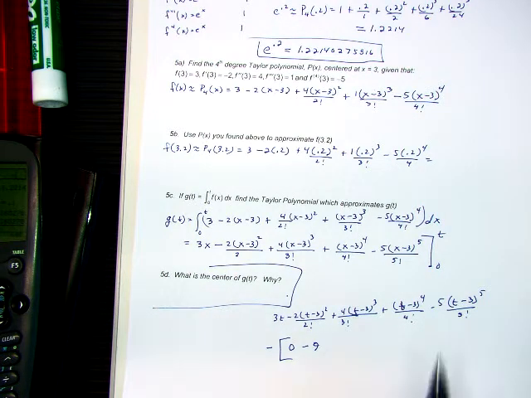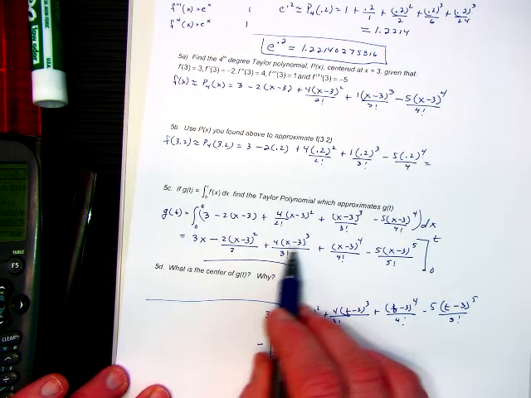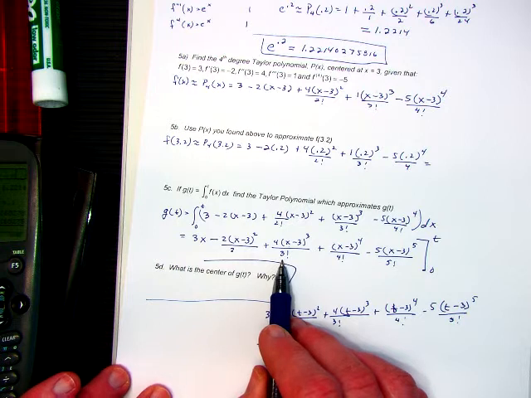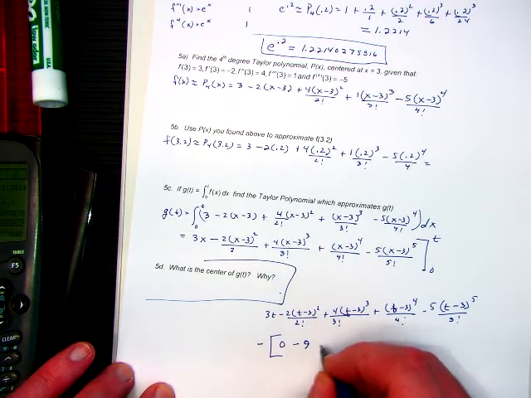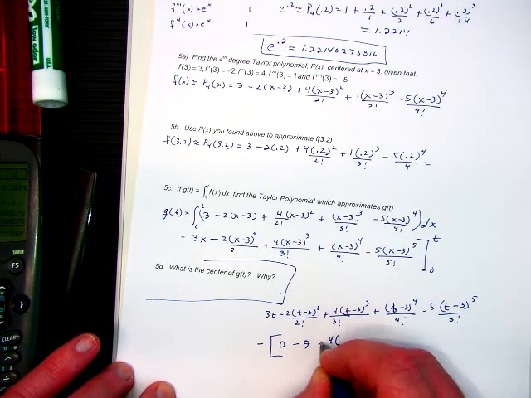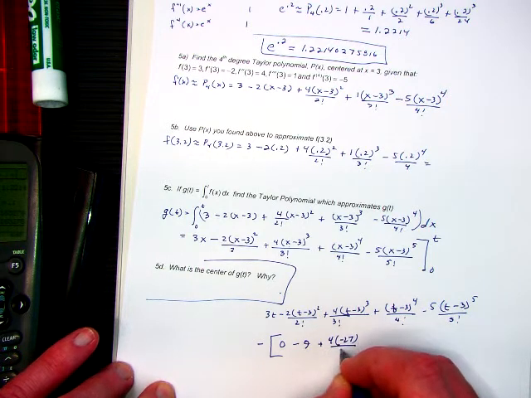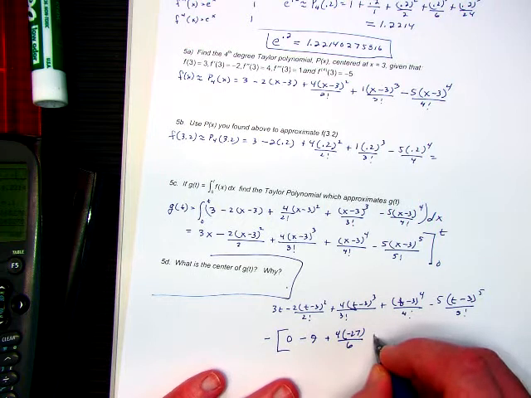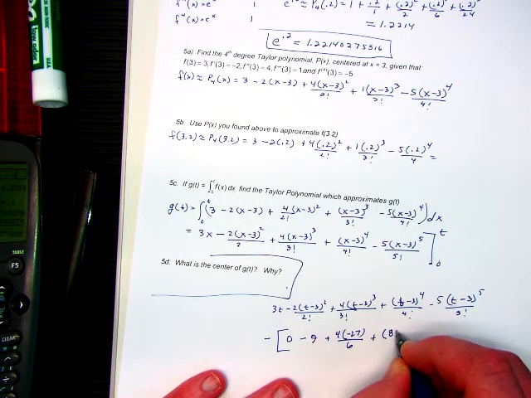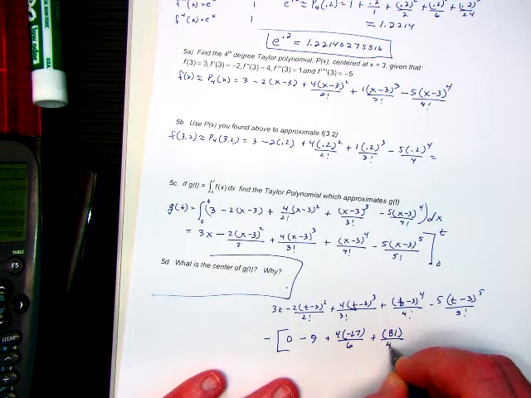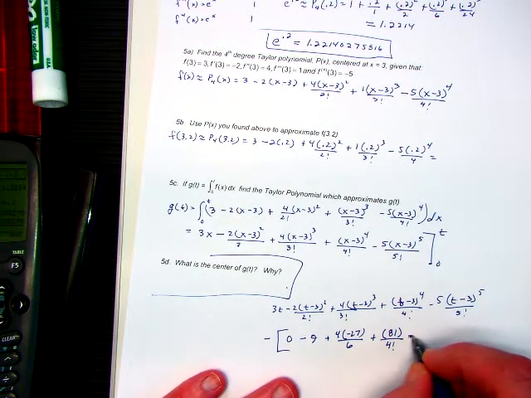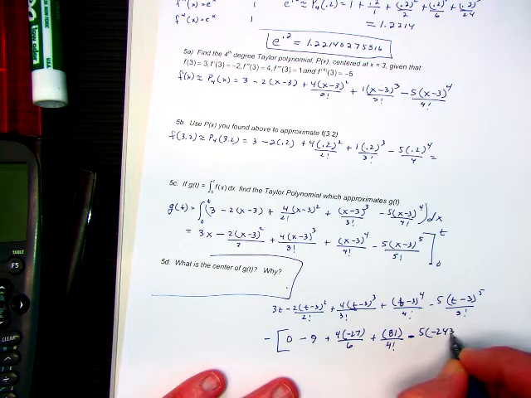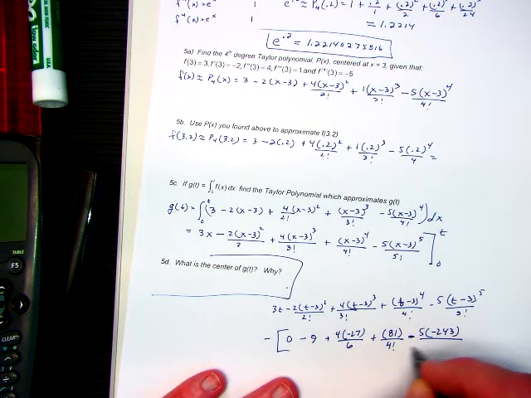When I plug in 0 here, I get negative 27, divided by, so I'm going to write, plus 4 times negative 27 over 6. We're not going to simplify that today. Plus, negative 3 to the 4th is 81 over 4 factorial. If I plug in 0 there, it's minus 5 times negative 243 over 120.